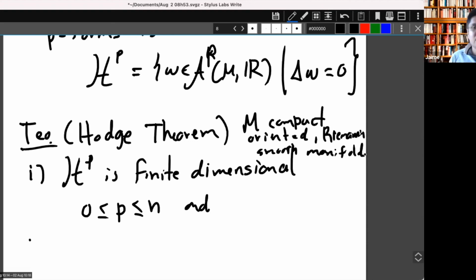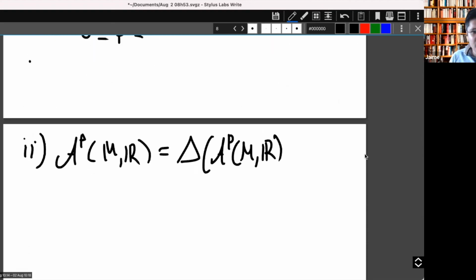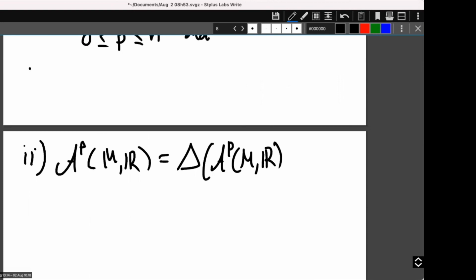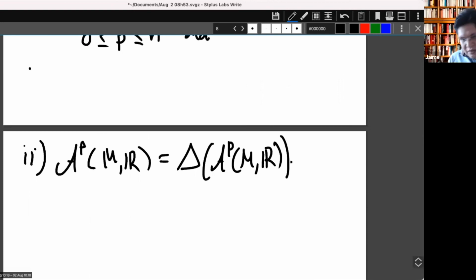All right. So, well, the input of this theorem is that the harmonic forms are a quotient of the space of all forms.